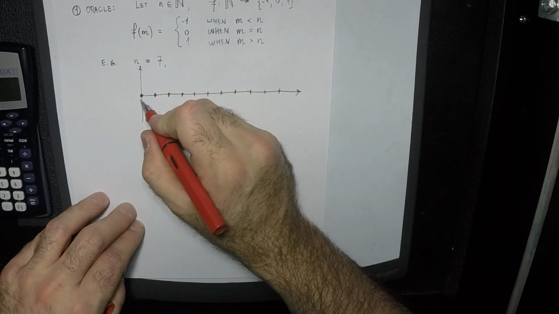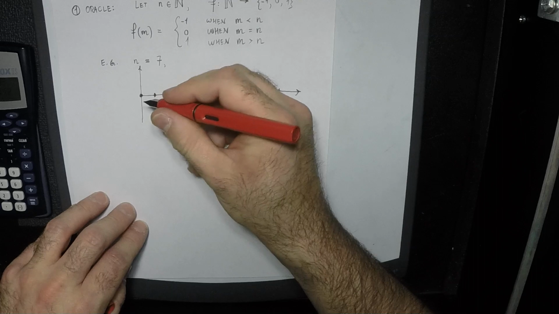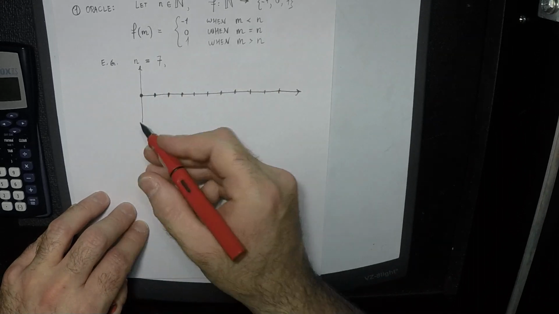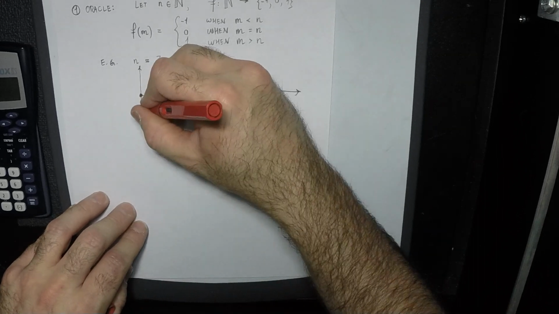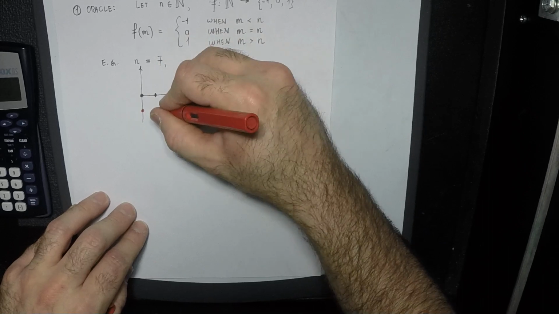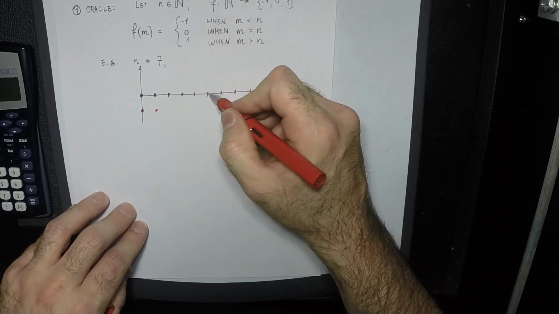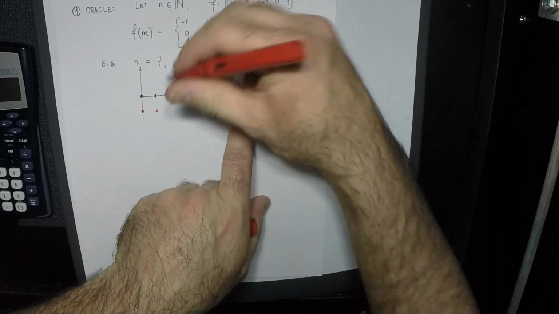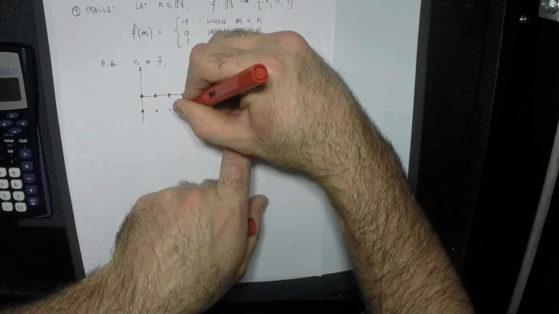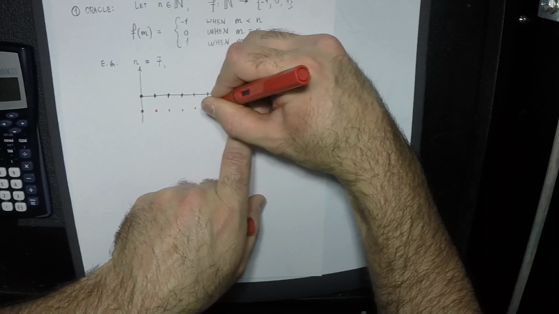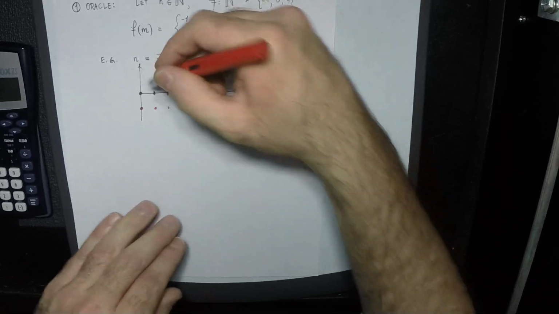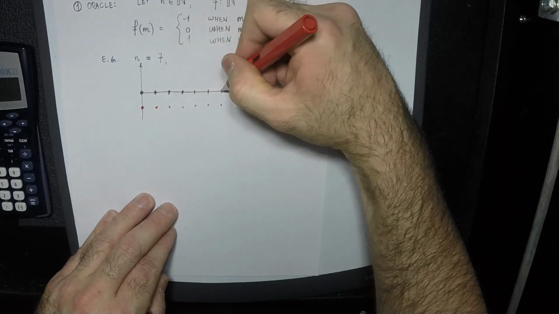So for 0, what's the value? -1, so we'd have a point there. All of these would be -1, up through 1, 2, 3, 4, 5, 6, 7.